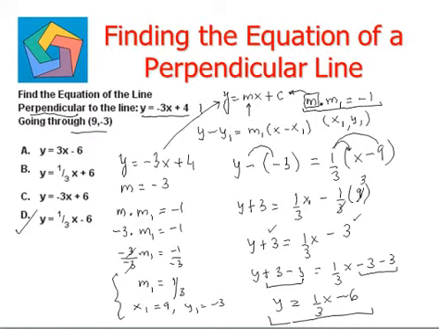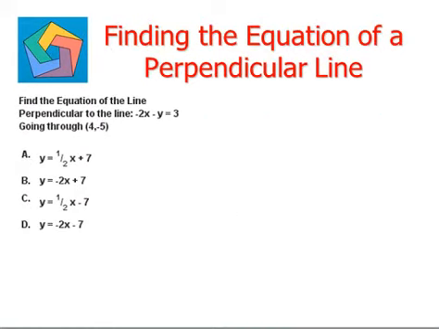For better understanding, let's look at the next question. Find the equation of the line perpendicular to the given line, going through the point 4 and negative 5. First we will put our given equation of the line in slope intercept form, that is y equals mx plus c.